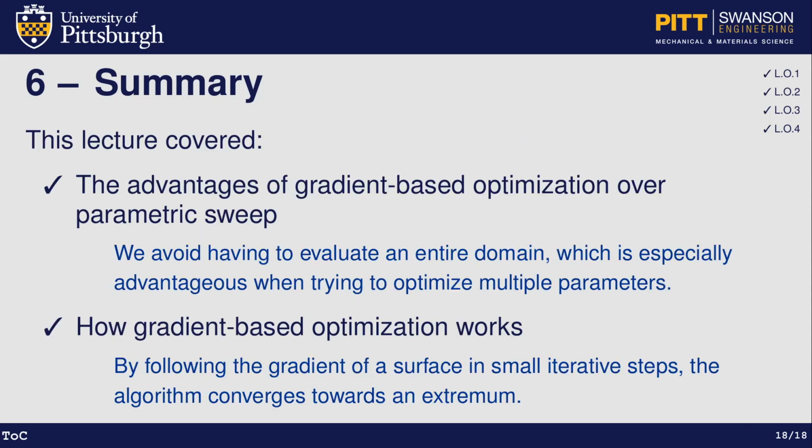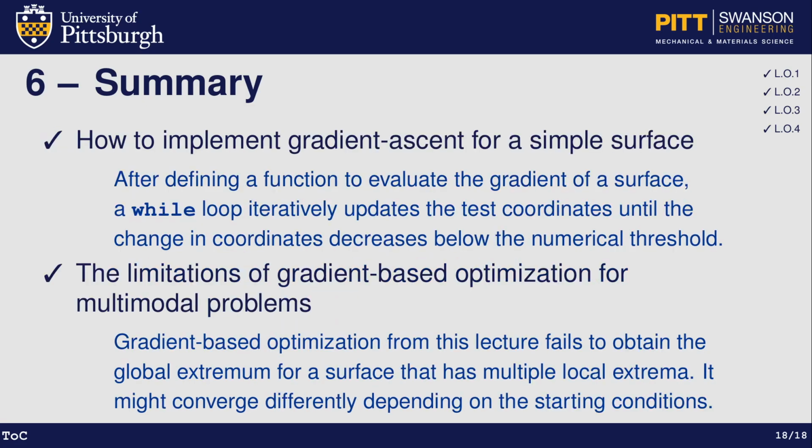To summarize, this lecture covered first the advantages of gradient-based optimization over parametric sweep, which is that we avoid having to evaluate an entire domain, which is especially great when you're trying to optimize multiple parameters. Then the gradient descent and ascent algorithms work by following the gradient of a surface in small iterative steps. The algorithm actually converges towards an extremum by doing this.